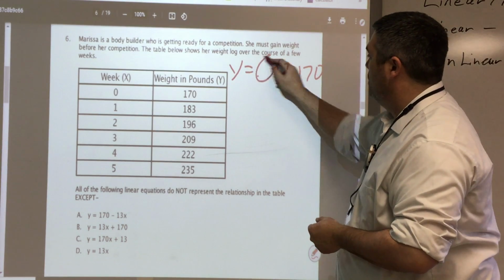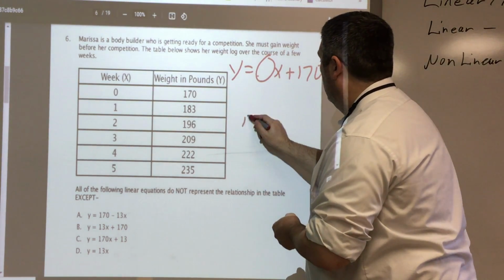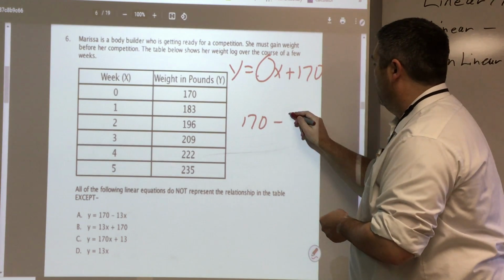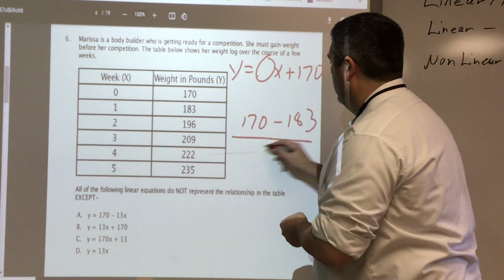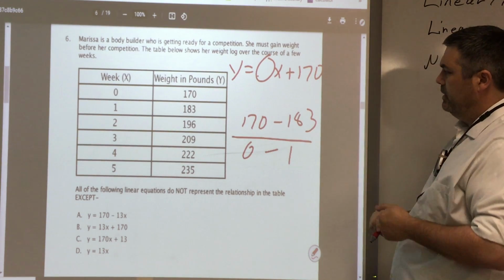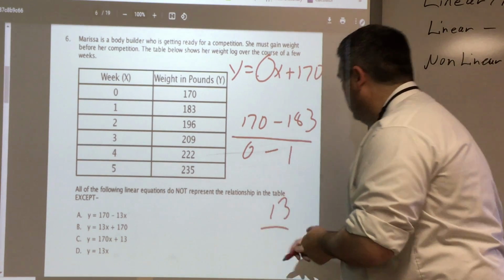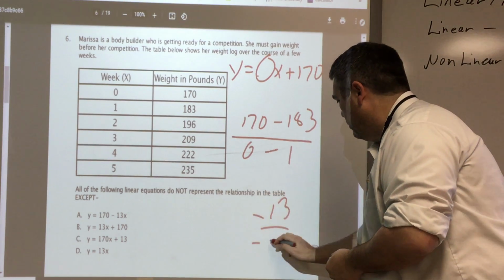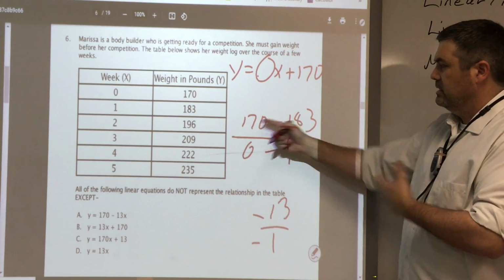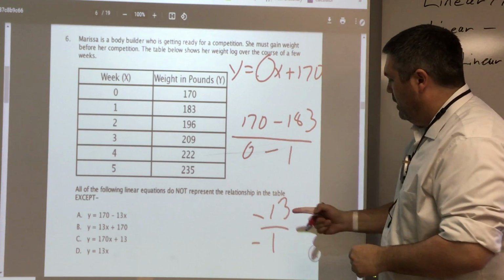Now we need our rate of change. So we're going to take these, 170 minus 183 over 0 minus 1. 170 minus 183 is negative 13, over negative 1. Because I set these up kind of weird, I would normally have switched them, but it's okay.